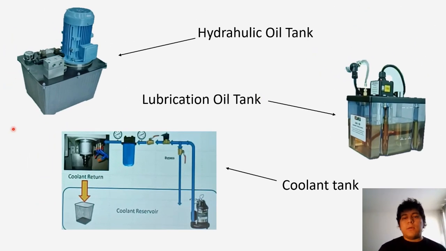We do also have the hydraulic oil tank and the lubrication oil tank. So the machines must have these reservoirs, of course, for the oil and coolant as well. The reason is because depending on the material and the brittleness, there will be also different abrasive levels. Some may get hotter, others may not get that hot.